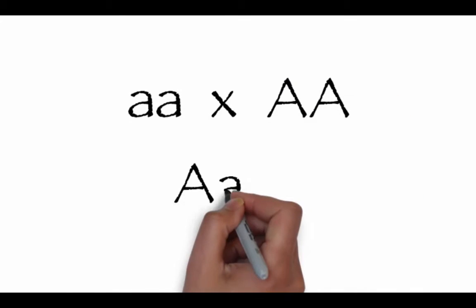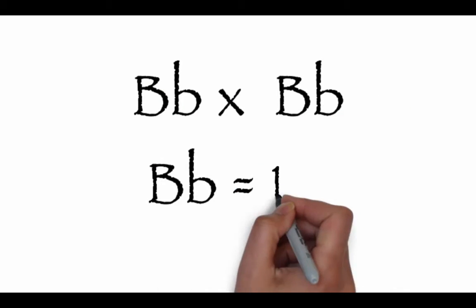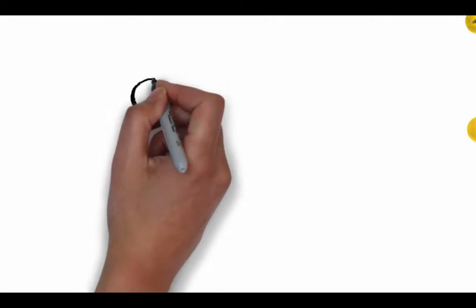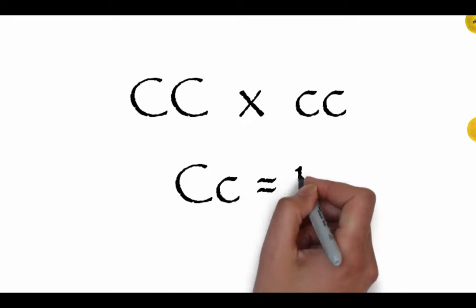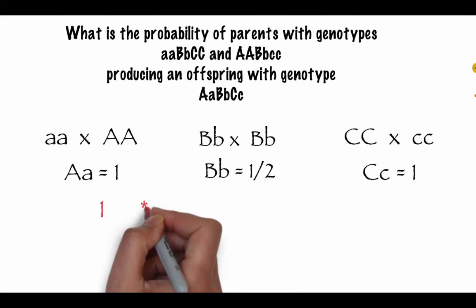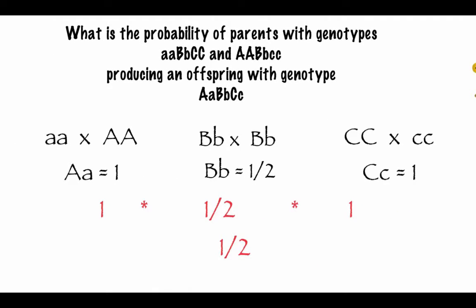What I'm doing is multiplying the individual probabilities of each cross, and then multiplying these probabilities together to get the probability of the overall genotype. You can see this is 1/2, or 50%.